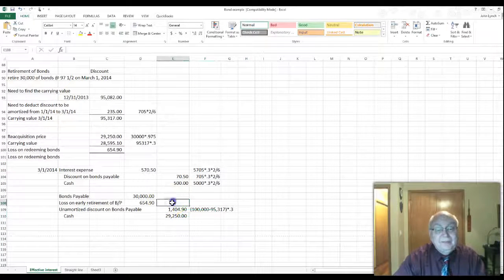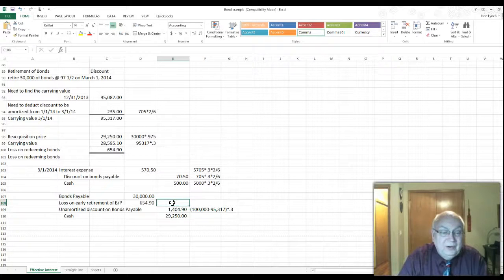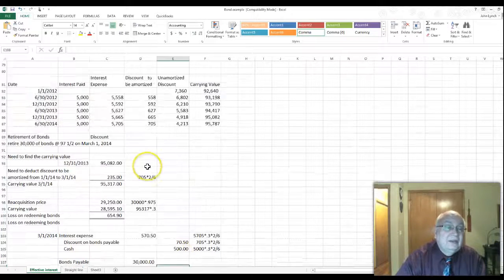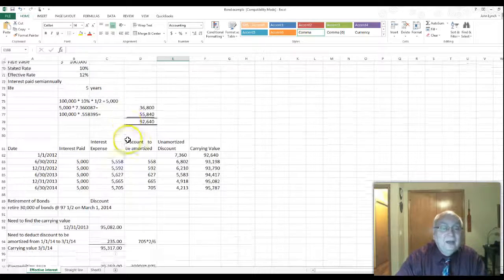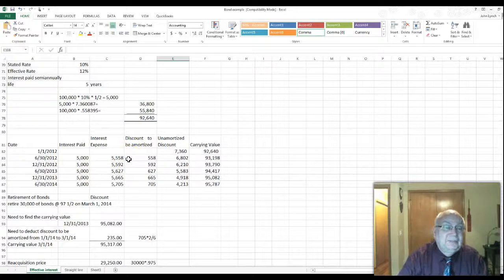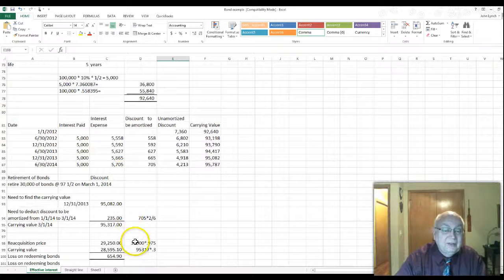Now some people would ask, why would you do that if you're going to have a loss and you know it's a loss? Well, keep in mind, it's $30,000 worth of bonds, and they were going until 2016. You no longer have to pay interest on those bonds. So we're saving roughly $3,000 a year in interest, or $1,500 every pay period, because we're reducing the amount of bonds that we have.